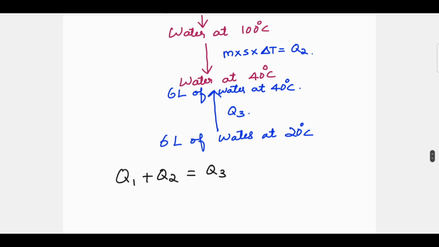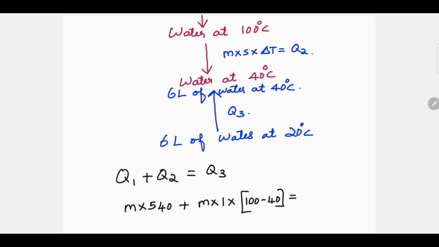Now we can write the amount of steam converted. That's our requirement: how much steam at 100 degrees Celsius should be added to it. So we can write M into 540, because latent heat of vaporization is 540, plus M into S into delta T. S is 1, specific heat of water is 1. Delta T is 100 minus 40, that temperature difference magnitude only we are taking.